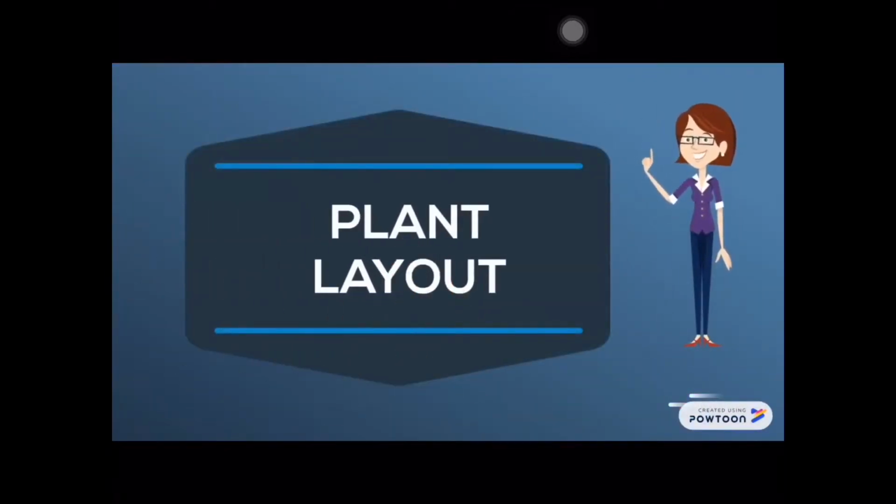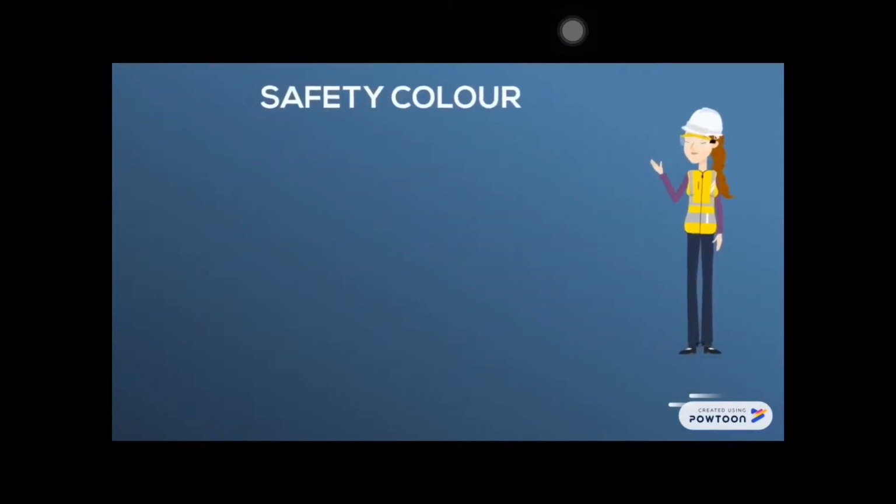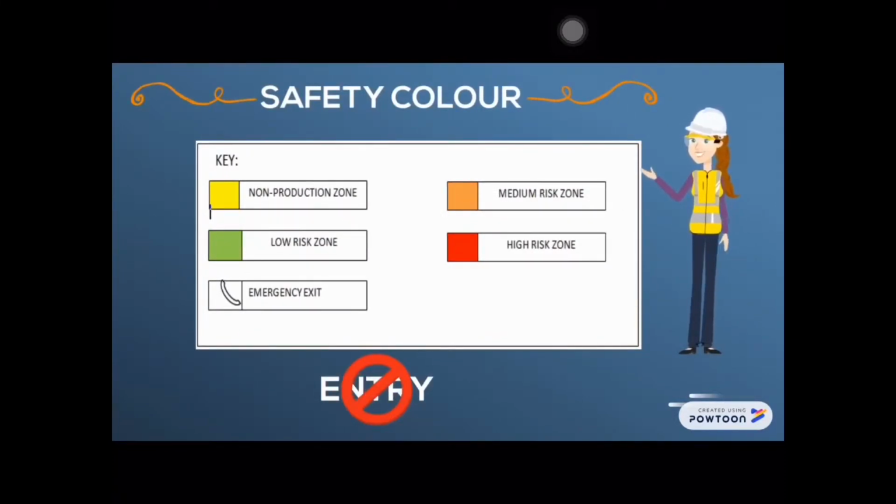Plant's layout. Safety color: yellow, non-production zone; green, low risk zone; orange, medium risk zone; red, high risk zone.